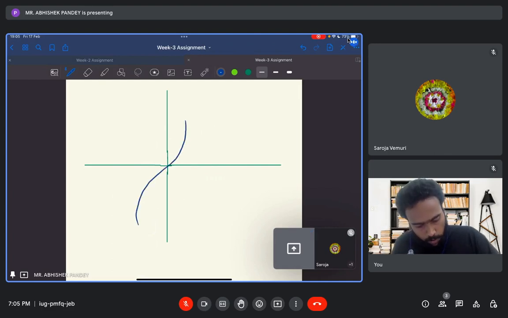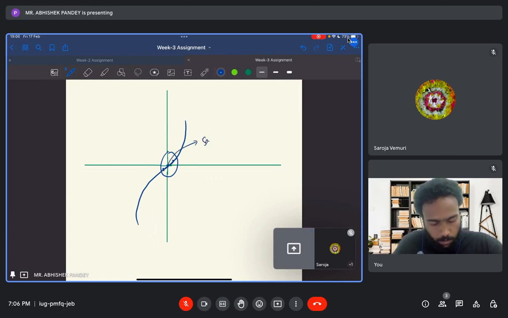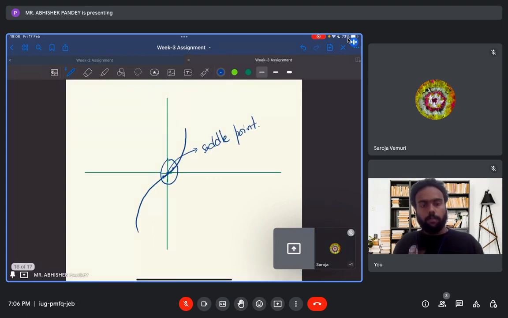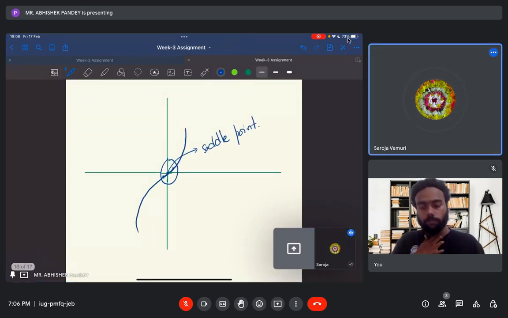So at this point, you take any neighborhood. So there are points where f of 0 comma 0 is less than f of x comma y, and there are points where f of x comma y at that point is greater than. So such a point is a saddle point. I hope this is clear, the geometry of saddle point. Is it okay? Yes, sir.